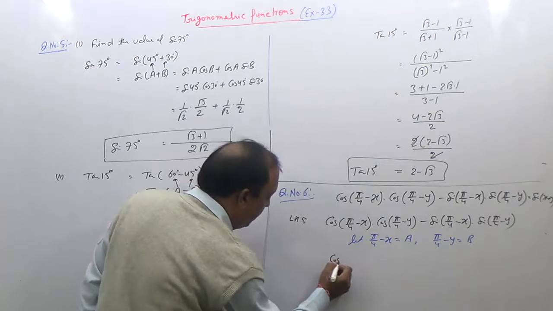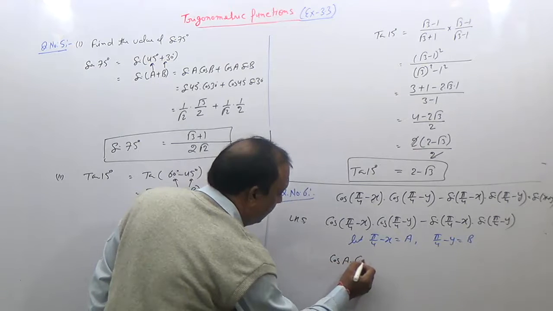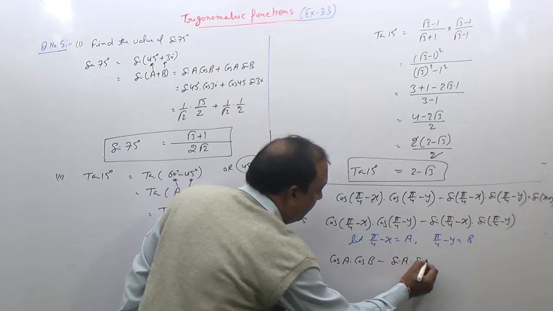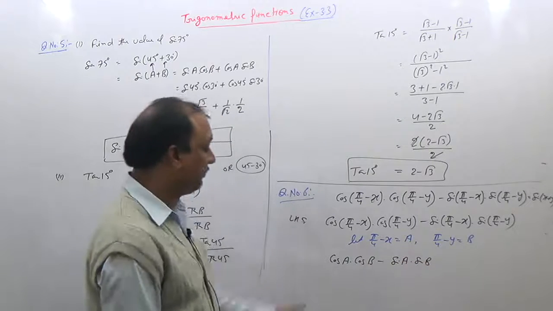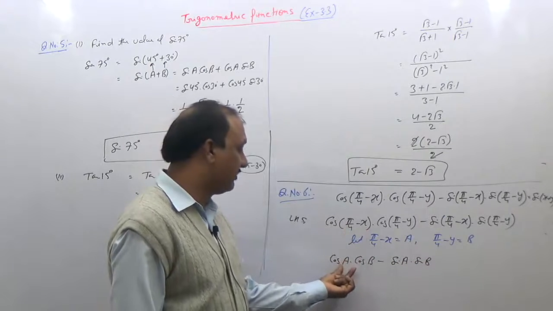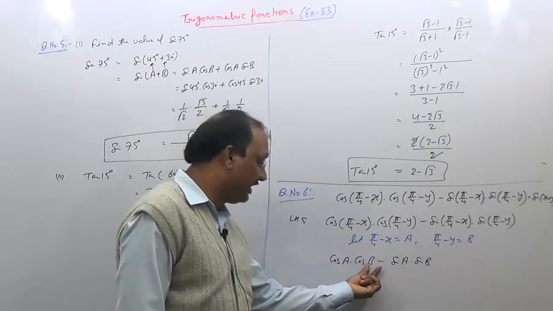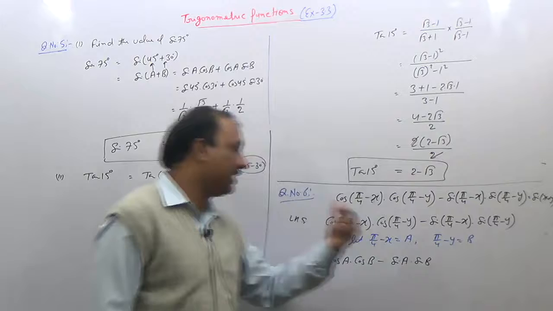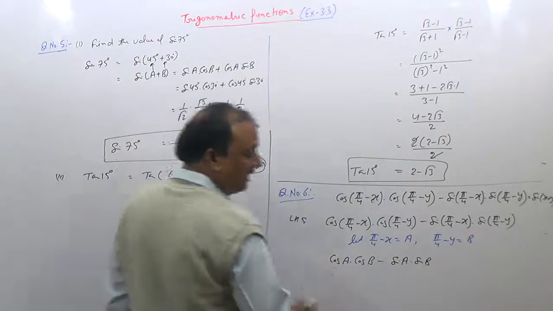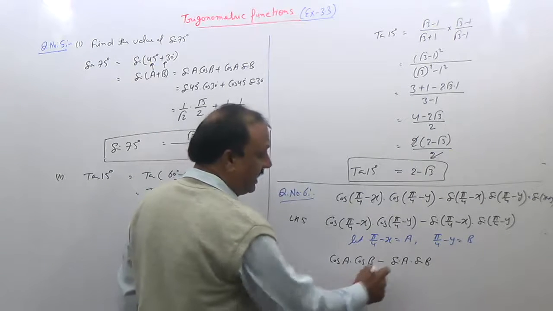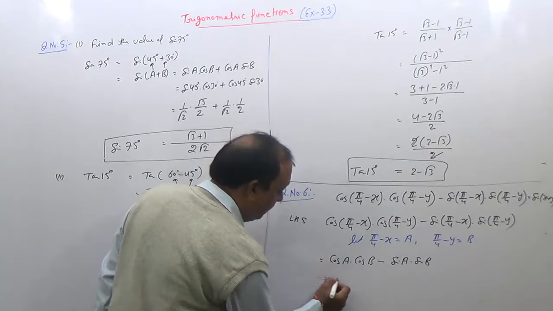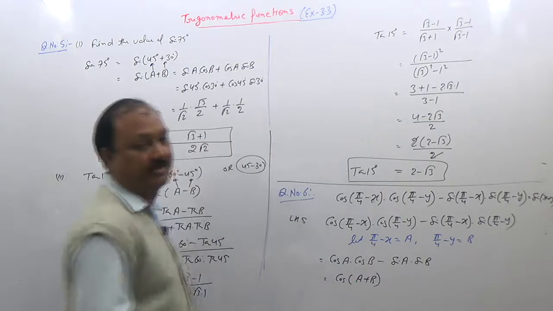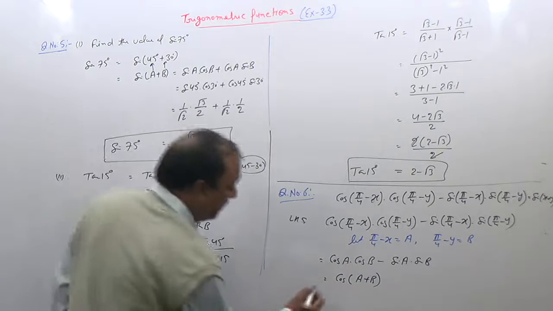So this becomes cos A cos B minus sin A sin B. Substitute π/4 − x is A, π/4 − y is B. So this is the identity cos A cos B minus sin A sin B, which is cos(A + B). और वापस इनकी वैल्यू पुट करें.